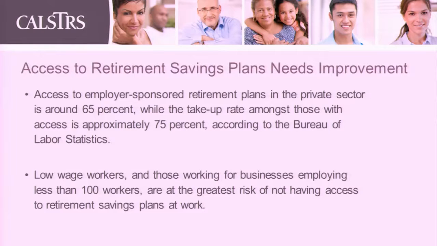I've got a couple of slides on having access to employer-sponsored plans. 65% of private sector workers have access to an employer-sponsored savings plan for retirement, and of those, about 75% choose to enroll. Those who do not have access tend to be low-wage workers and workers who work for smaller employers.